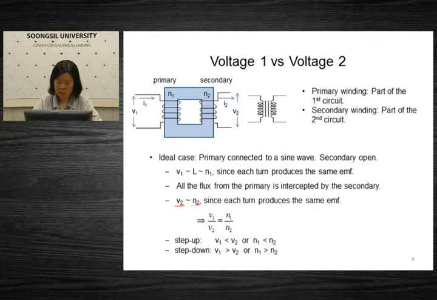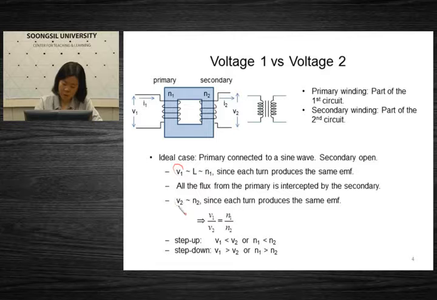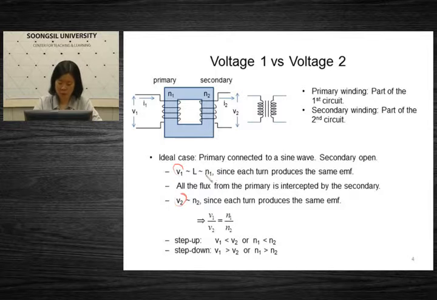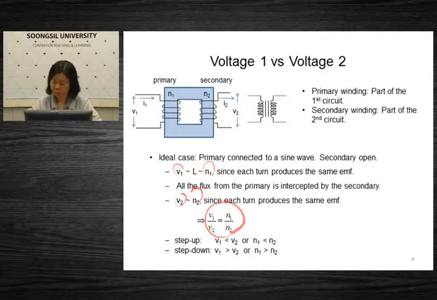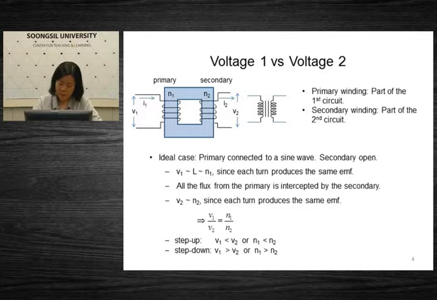So that's interesting. That means the ratio of V1 and V2 will be proportional to the ratio of N1 and N2, which is this equation. So this is a very useful formula. When V2 of the secondary circuit is larger than V1, that means we are increasing the voltage, and that happens when N2 is larger than N1.